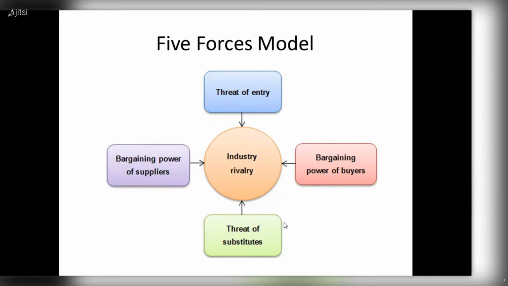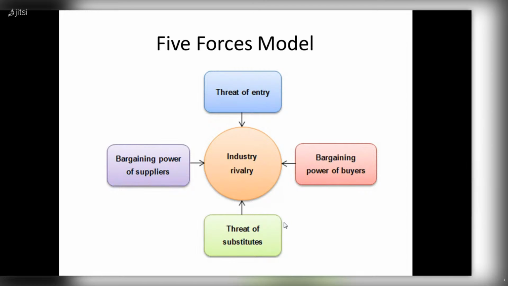Buyers exert strong bargaining power when buying in large quantities or controlling many access points to the final customer. Buyers have strong bargaining power when only a few buyers exist, when switching costs to other suppliers are low, when there are many substitutes, and when buyers are price sensitive.